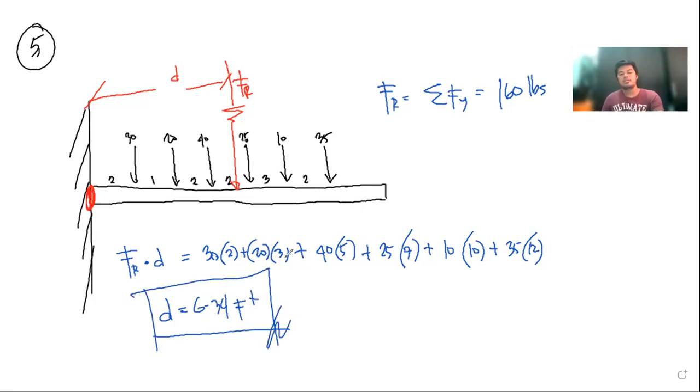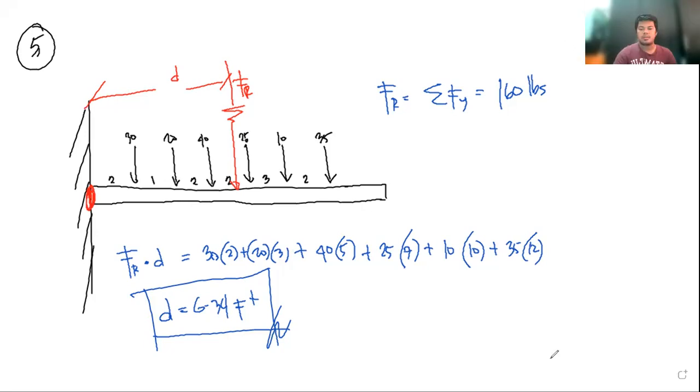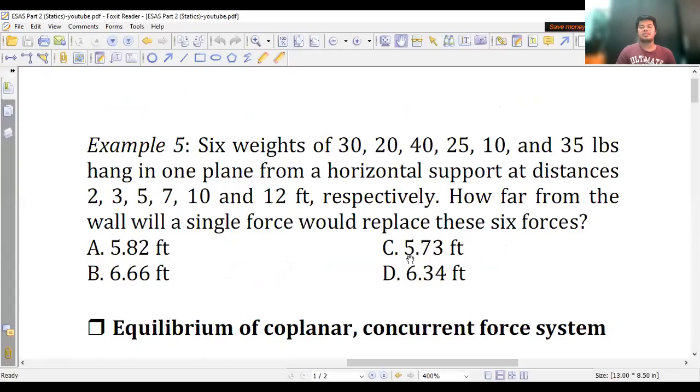Let us check if we have this value in the choices. So we have it in letter B, 6.34. This one.